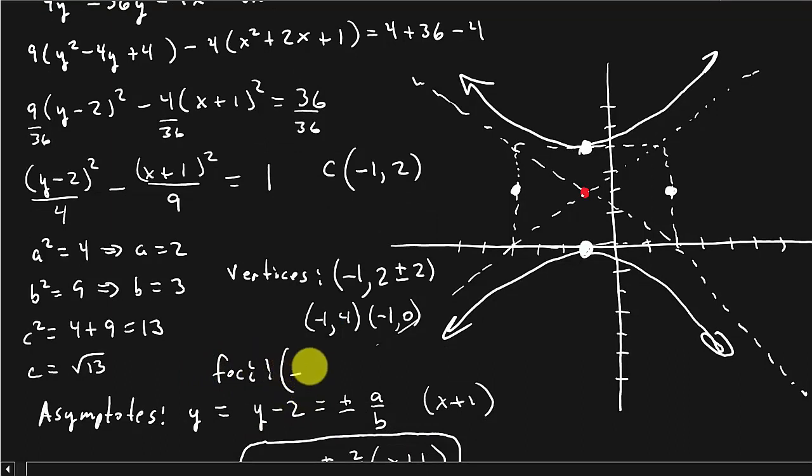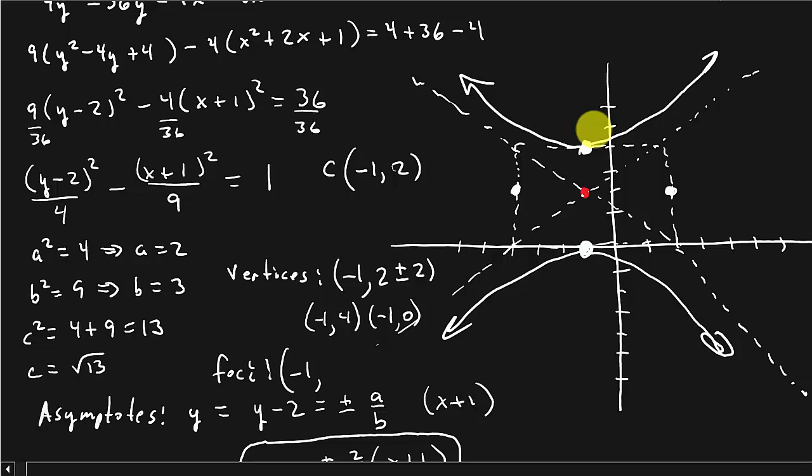well, that's going to be the same thing. The x coordinate's going to stay the same. And what am I doing? I'm going up and down, right? See, I've got foci here and foci here. So we're adding the square root of 13 and subtracting the square root of 13 to the y coordinate of the center.